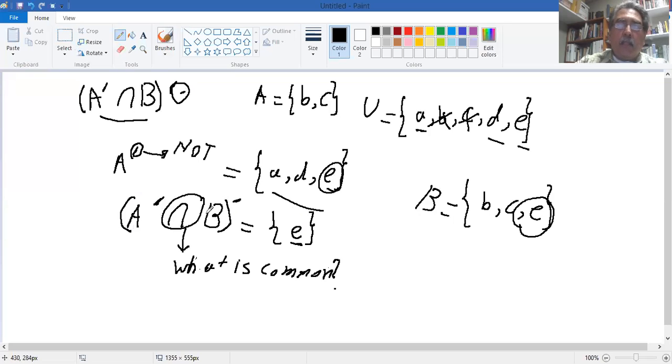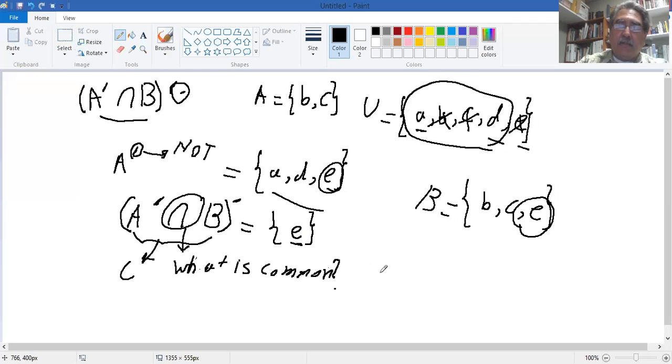We found what was not in A, then the intersection of not A and B, which was E. Just to simplify, let's call that whole thing set C. We want to find C naught, what is not in C. You go back to the universal set, cross E, and you want all the rest.